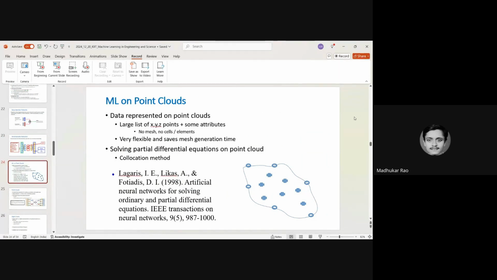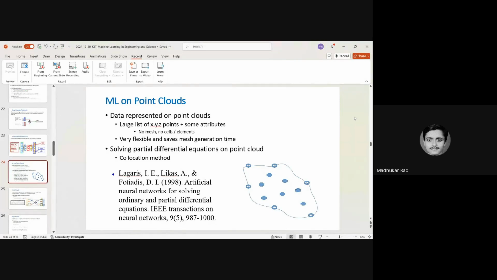Another application that is rapidly gaining importance is machine learning on point clouds. So your data is represented on point clouds, on some discrete points in space. One way to generate point clouds is by using a 3D scanner.